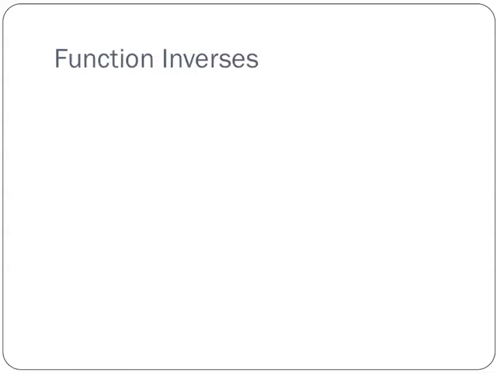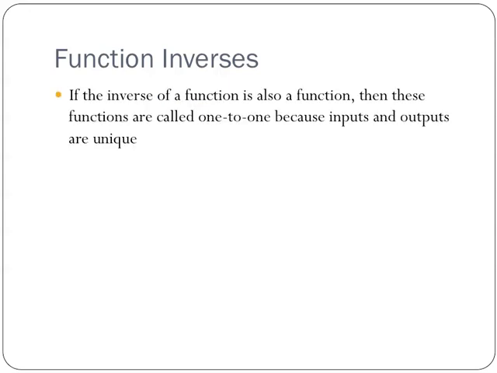Alright, so function inverses. If the inverse of a function is also a function, then these functions are what we call one-to-one because inputs and outputs are unique. So normally in a regular function, if you have some values of x, each value of x gives you a unique value of y. There's only one y value that it maps to.